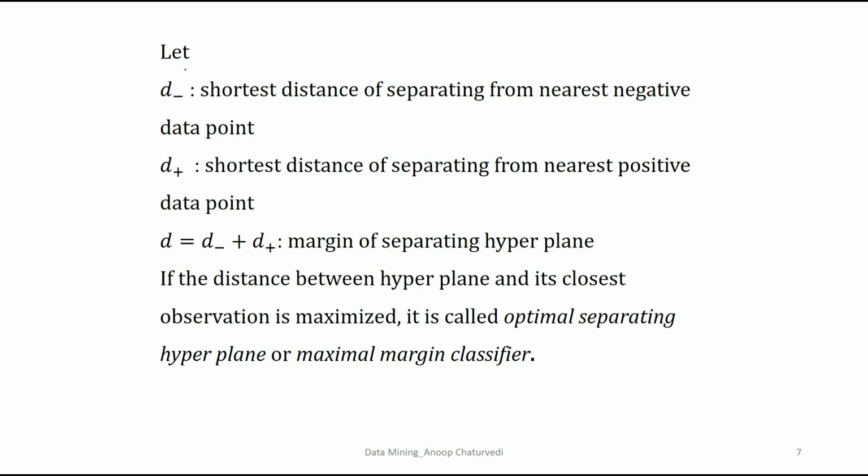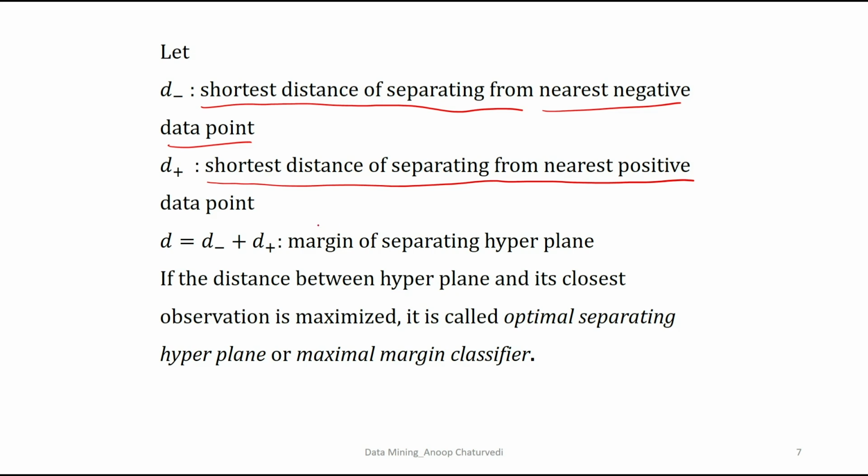Now, suppose d minus denotes the shortest distance of the separating hyperplane from the nearest negative data points, and d plus is the shortest distance of the separating hyperplane from the nearest positive data points.